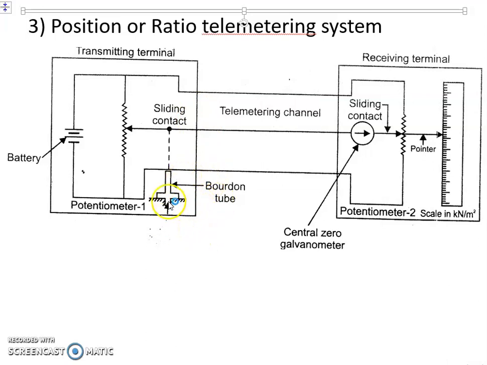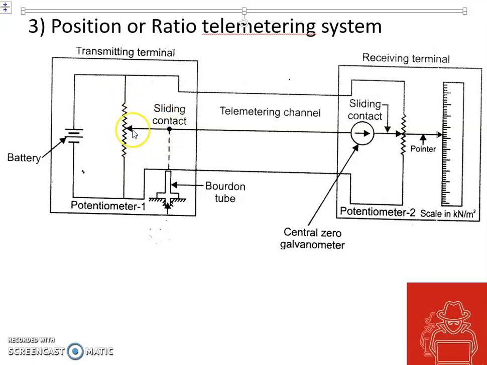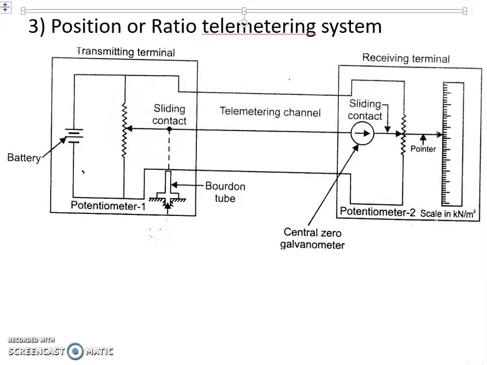So when pressure is applied on the Bourdon tube, it moves the sliding contact across the resistance of potentiometer 1. So therefore the voltage across potentiometer 1 also varies. As the sliding contact of potentiometer 1 changes because of the applied pressure, the sliding contact of potentiometer 2 also changes in the same manner.